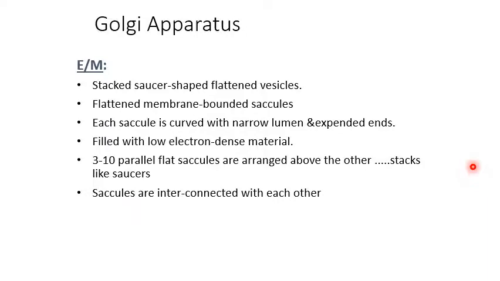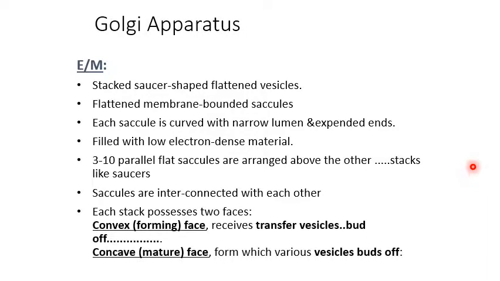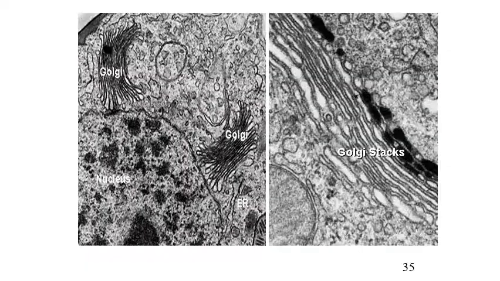They are interconnected together, and they have two faces: the convex or forming face that receives the transfer vesicle, while the concave or mature face is where the vesicles bud off. This vesicle is either a secretory vesicle or a lysosome.